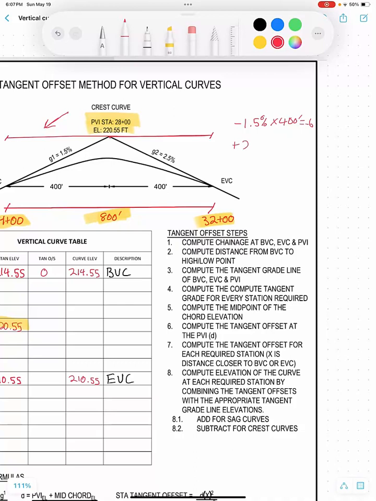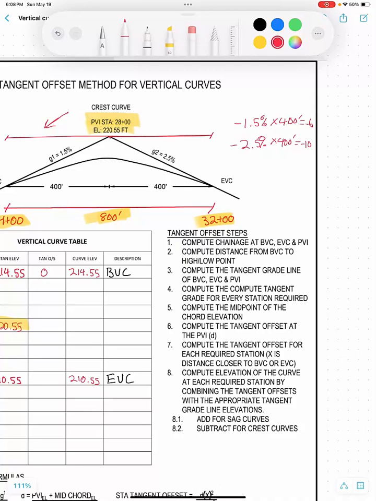And then plus, same thing here, negative 2.5% times 400 feet equals what? Everybody get negative 10? All right, perfect.